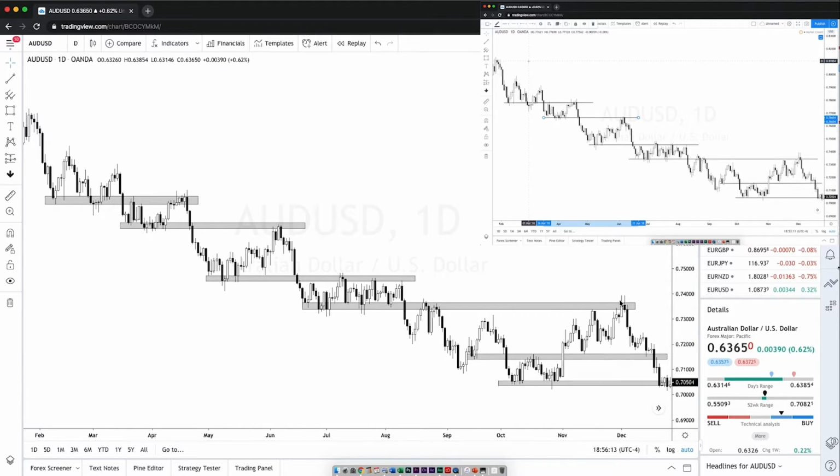So basically what we do, we use these as zones. We're not trading them directly off that level. We're looking for a reason to enter in these levels. So just because price is there doesn't mean you need to get in.